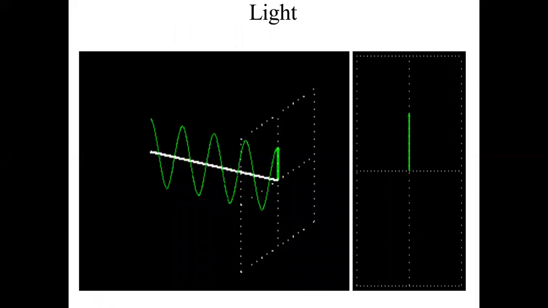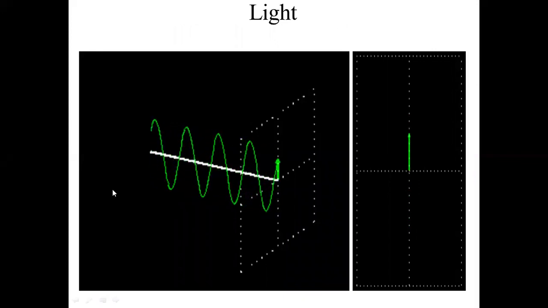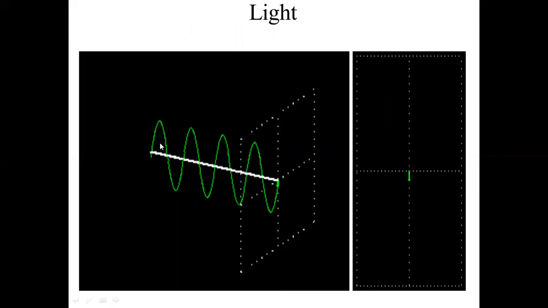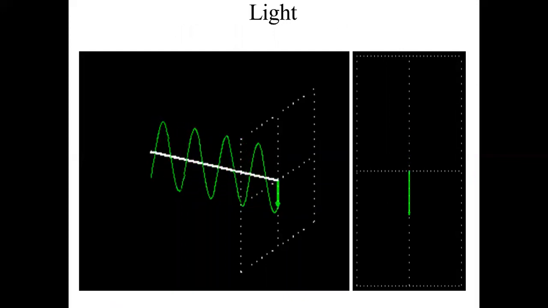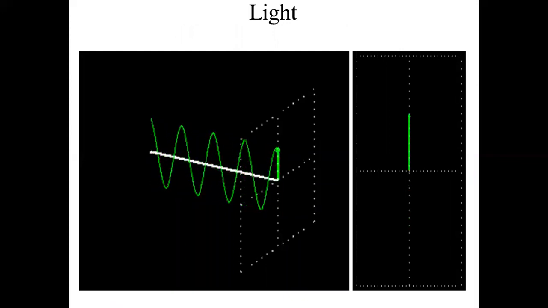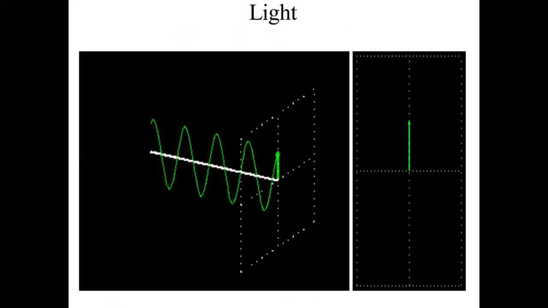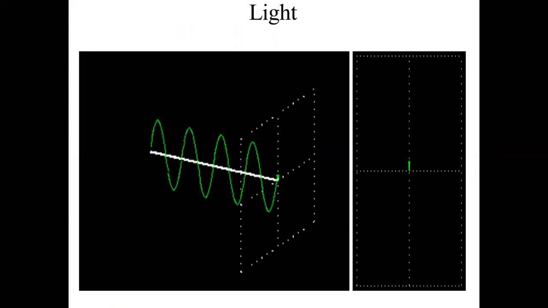This is the way your light propagates. So only one component is being shown here. Suppose this is the electrical component. You know that electromagnetic radiation consists of an electric component and a magnetic component. These are perpendicular to each other, and they are also perpendicular to the direction in which light is propagating. Correct?